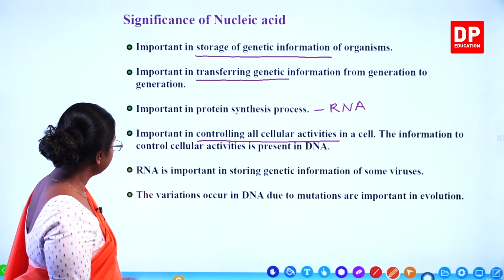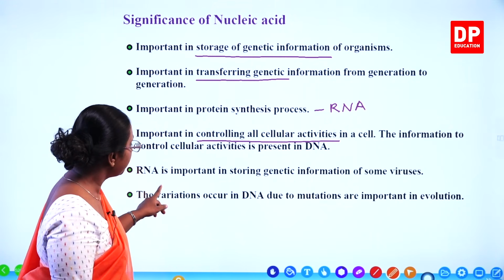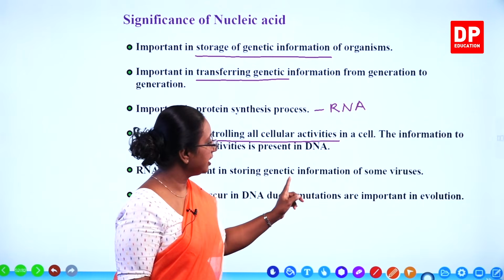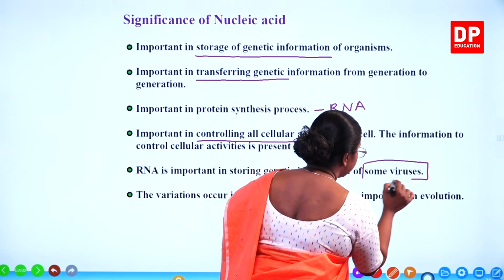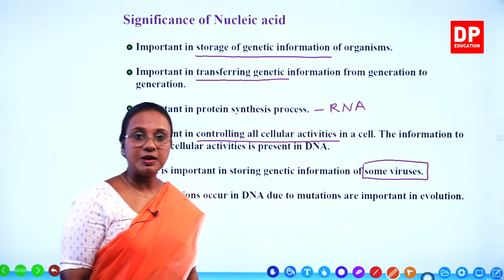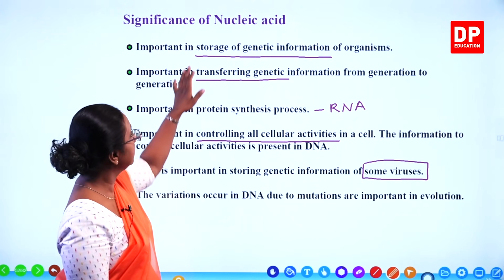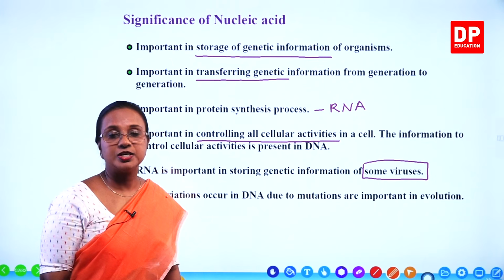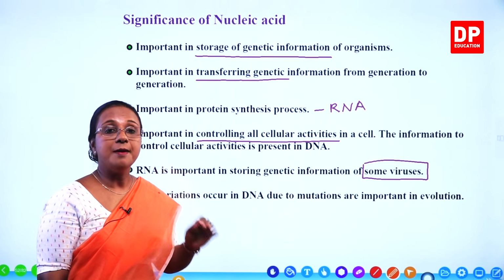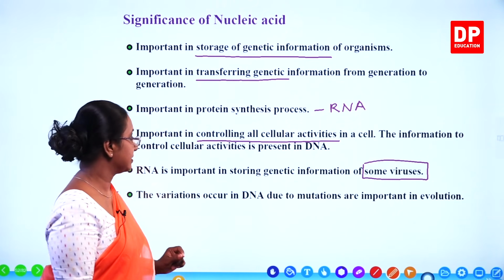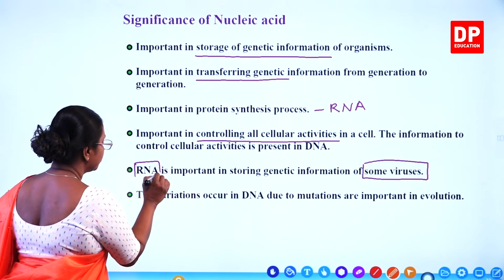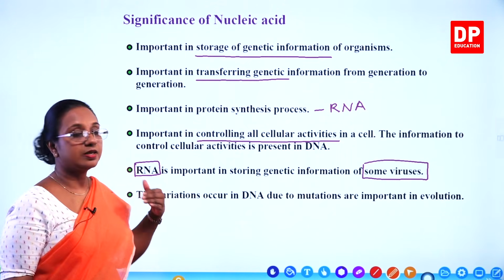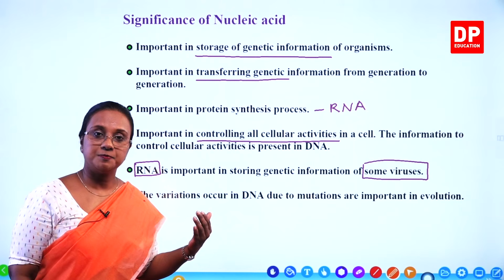The next one is that RNA is important in storing genetic information in some viruses. This is something you have to remember. Normally, DNA stores and transfers genetic information, but in some viruses only RNA acts to store and transfer genetic information.